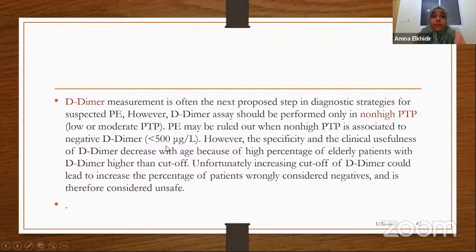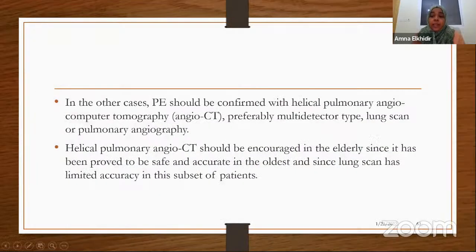If it's less than 500, usually PE is excluded. In old age, D-dimer values differ from the young population, so we can wrongly consider it negative if the D-dimer is less than 500 in the elderly. So it's considered unsafe in diagnosis.